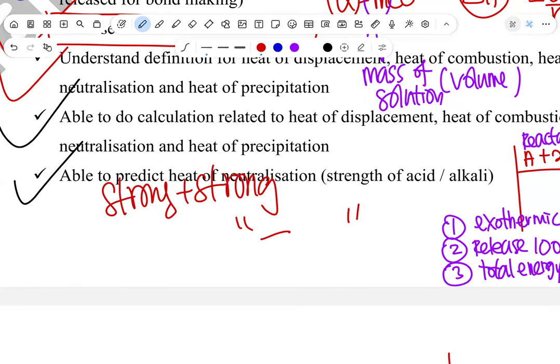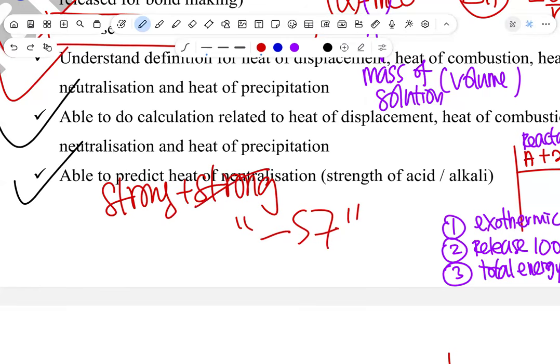Bro, negative 57. The negative needs to be there. If you don't put the negative, the examiner doesn't know if it is endothermic or exothermic. So for strong acid and strong alkali, the heat of neutralization is negative 57. Whenever you see negative 57, you know you have a strong acid and strong alkali.